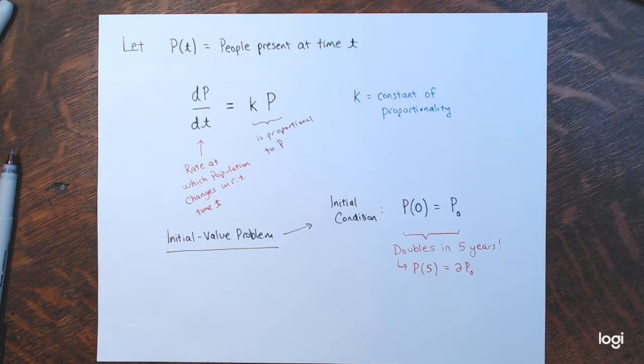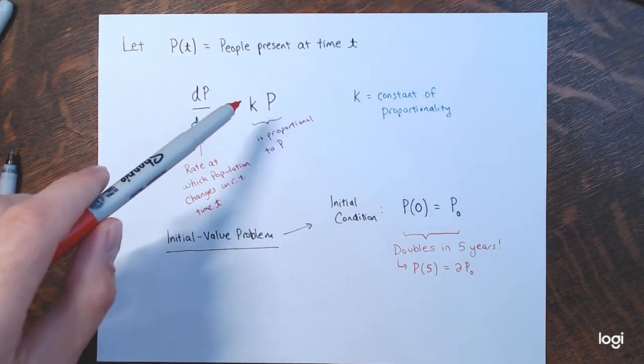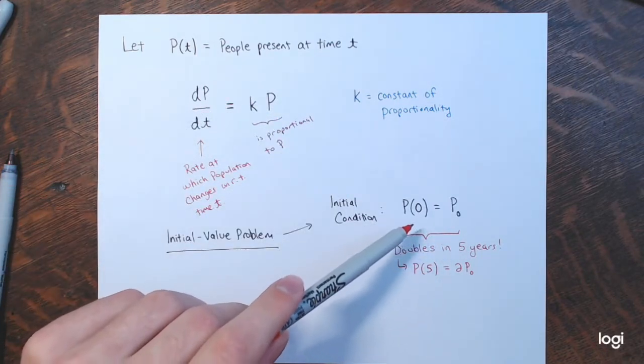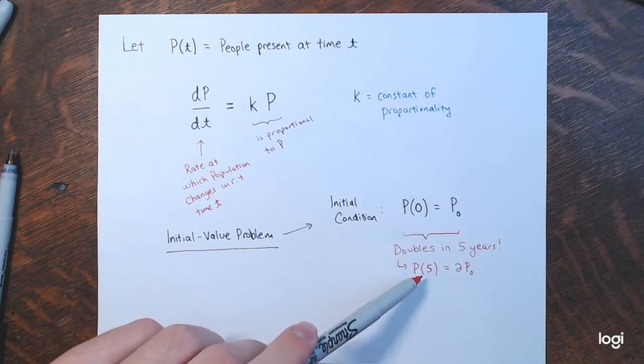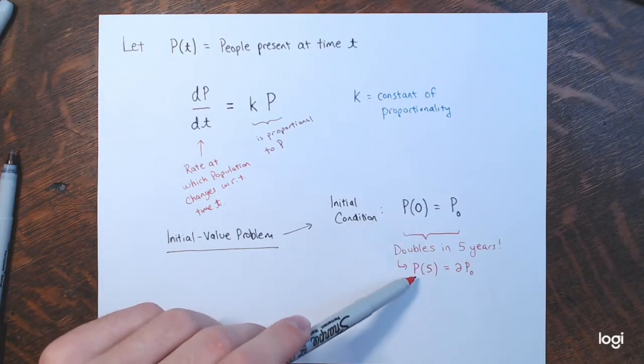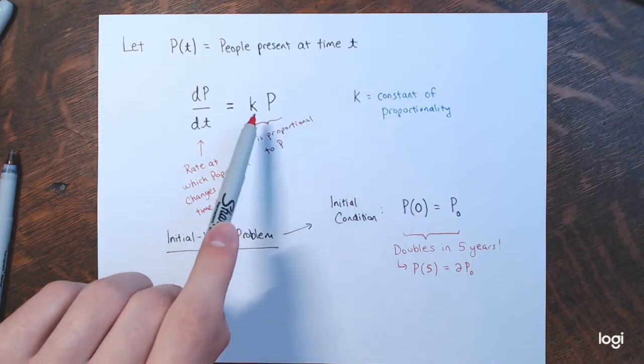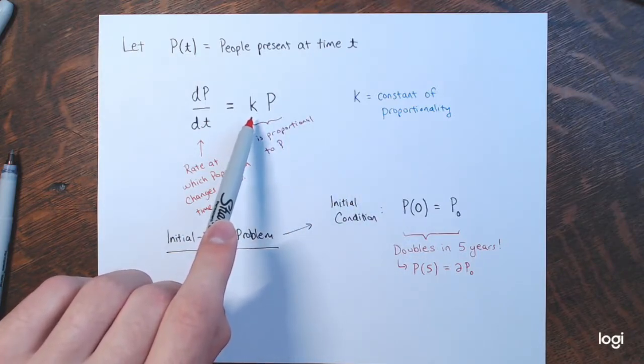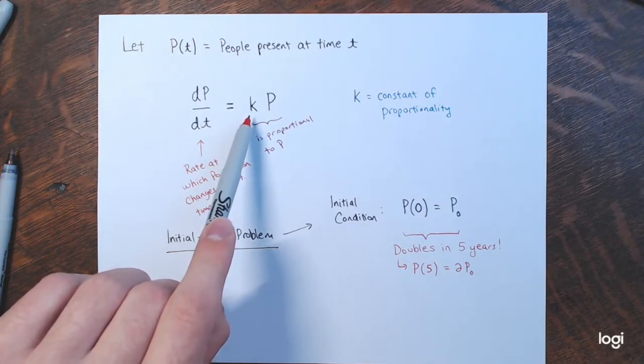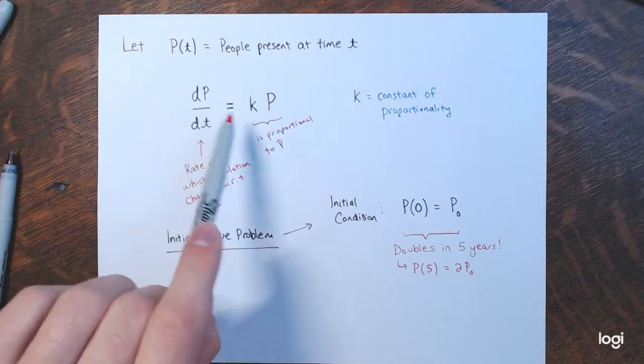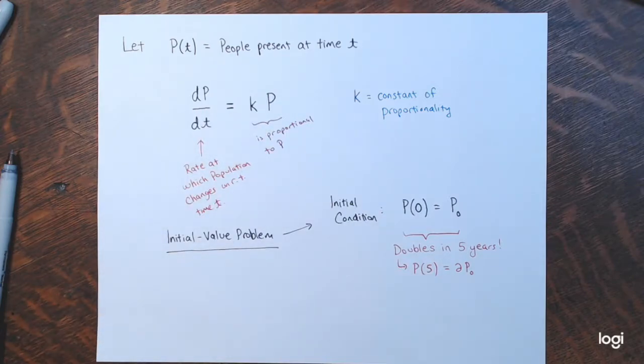Alright, so we have enough information now to be able to solve our differential equation first off. Then we can use an initial condition, and maybe both of these conditions, to find the value of k, the value of our constant of proportionality. And once we know this value of k and the solution to this differential equation, we can answer any question they want about this population growth.